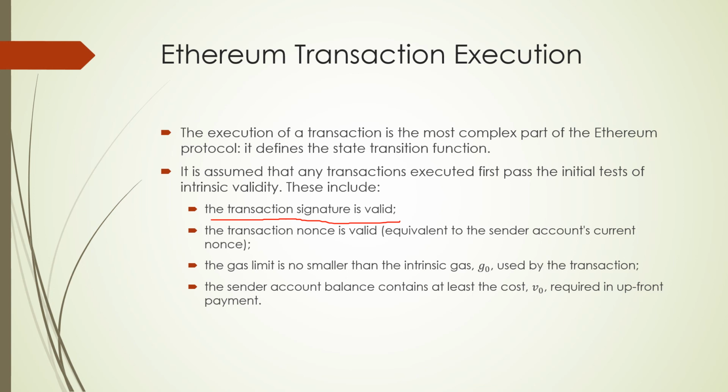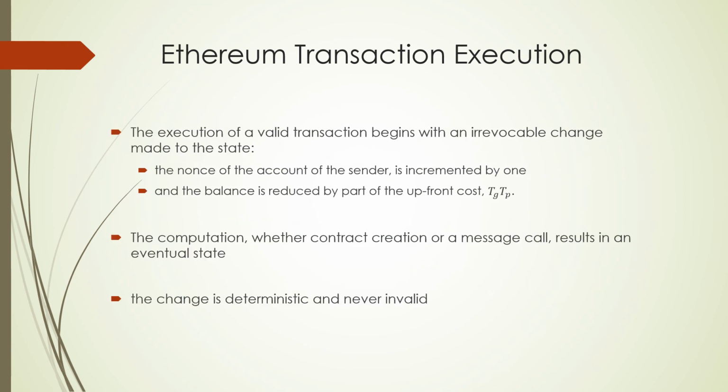Also, the sender account balance contains at least the cost required in upfront payment. Please note that after we make sure the transaction is valid and we did all those validity tests, the execution of a valid transaction will begin with an irrevocable change made to the sender's state.